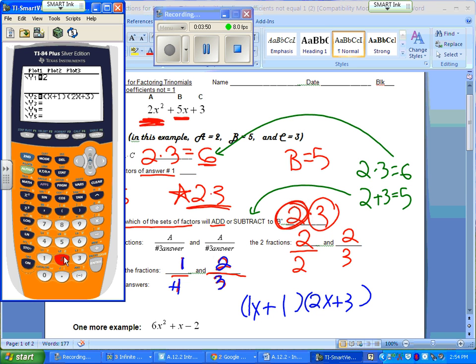Now my calculator is a little different than yours. 2x raised to the second plus 5x plus 3. I messed that up, didn't I? I messed it up again.